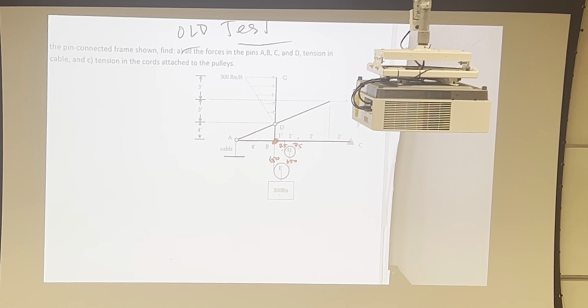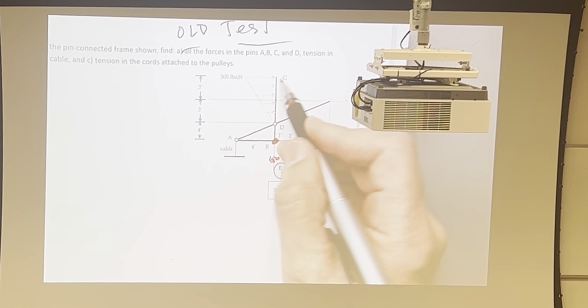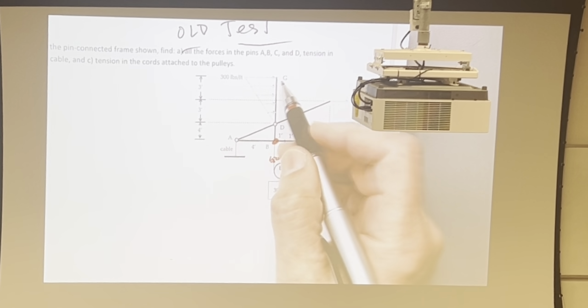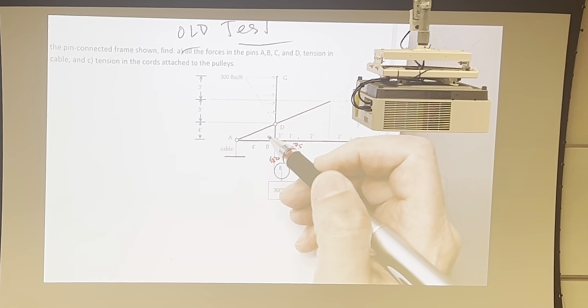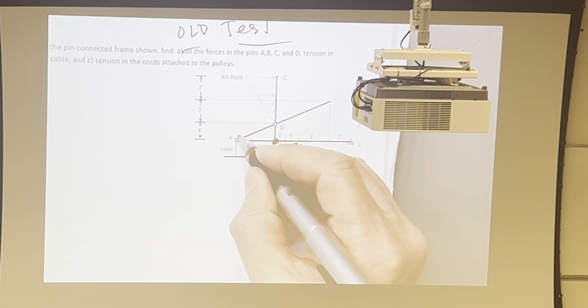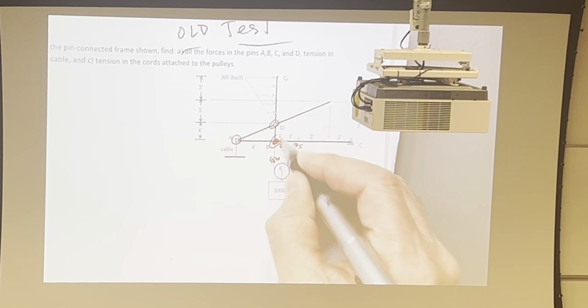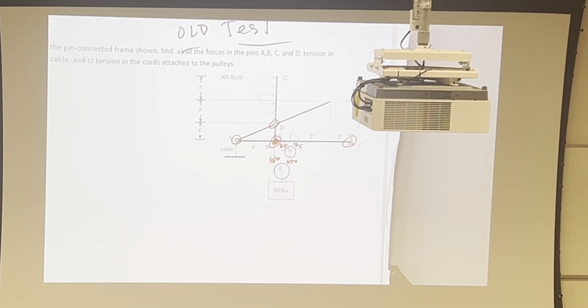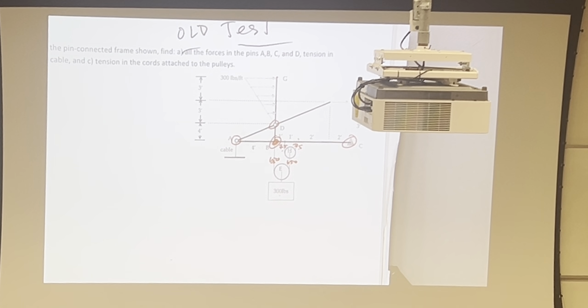Well, there's no pin there. That's just a letter G to indicate that point. The pins are here, here, here, and there. Now, what I don't want you to do is think of it as member AB, then member BC.